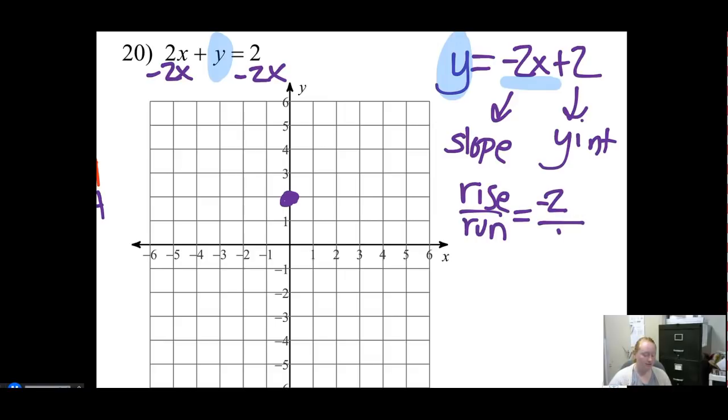But there is an implied over 1 there, which means that I'm going to go down 2 over 1. I connect my points with a line and add my arrows. I'm going to double check and show you that as I move from left to right, this line is going down.